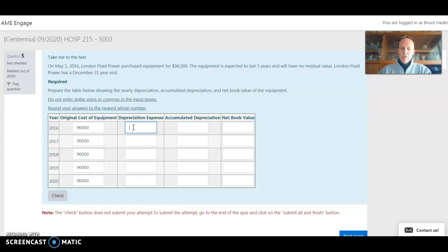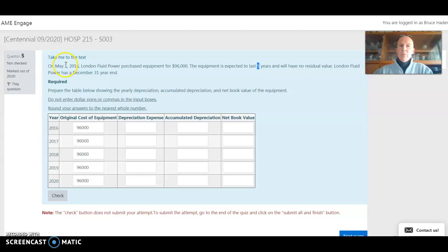But we have 12 months in 1 year. So I divide that by 12, and I have $1,600 for 1 month. So what I've done is I've taken the 96,000, divided it by 5 because it has 5 years for depreciation, it's expected to last. Then I'm calculating it monthly, and I have the 1,600.